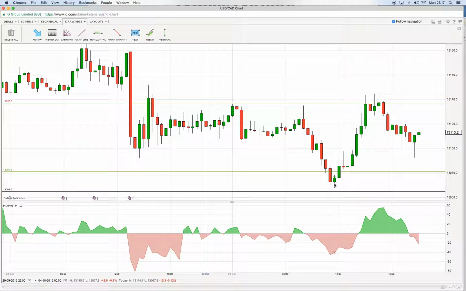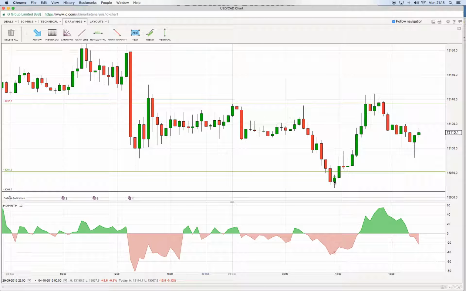Now we go to the next candlestick, and we see that the price action has made a lower low compared to the previous candle, but the momentum reading has gone higher. As we can see, the close of this bar is minus 41.